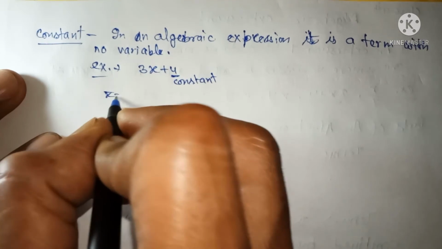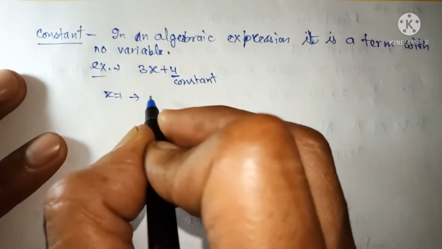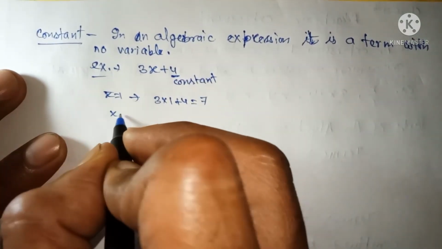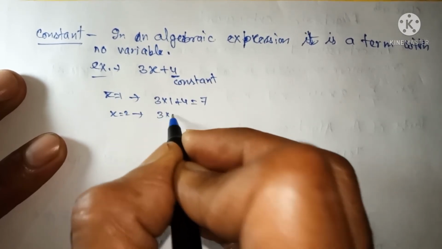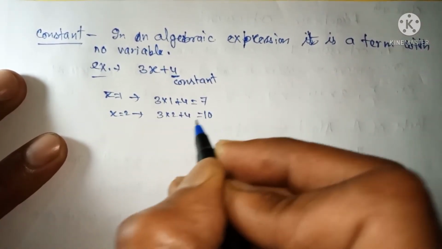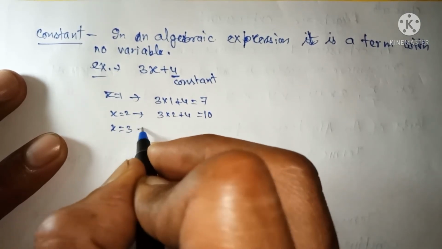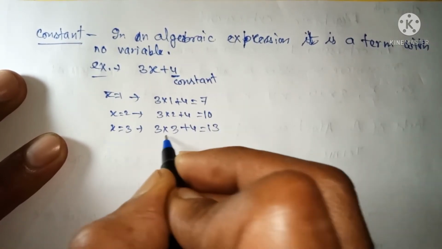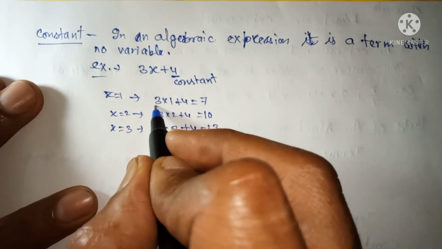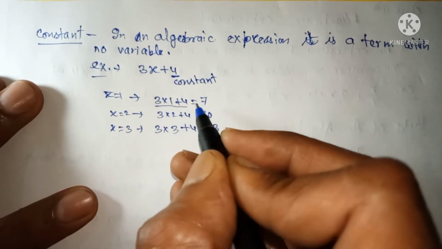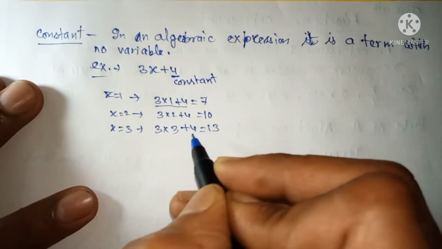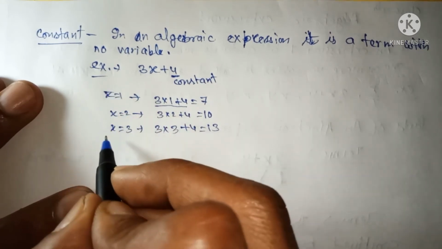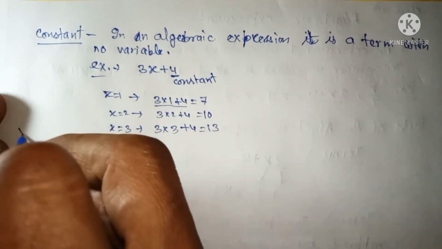When we put x equal to 1, this expression gets the value 3 into 1 plus 4 equal to 7. When x equals 2, it is 3 into 2 plus 4 equal to 10. When x equals 3, it is 3 into 3 plus 4 equal to 13. This expression gets its value 7, 10, 13 according to the value of x, because the value of x is varying here, so x is a variable.